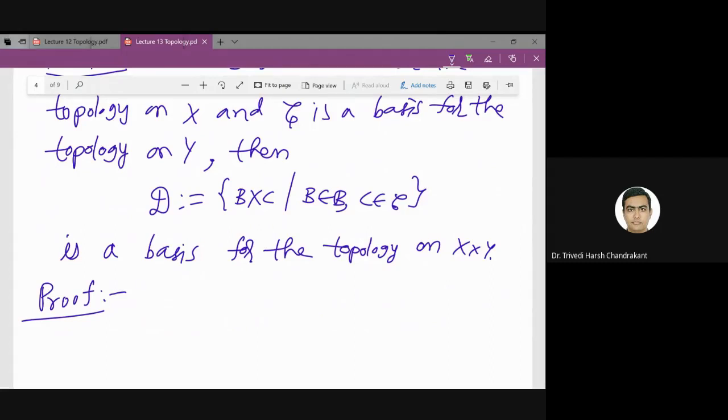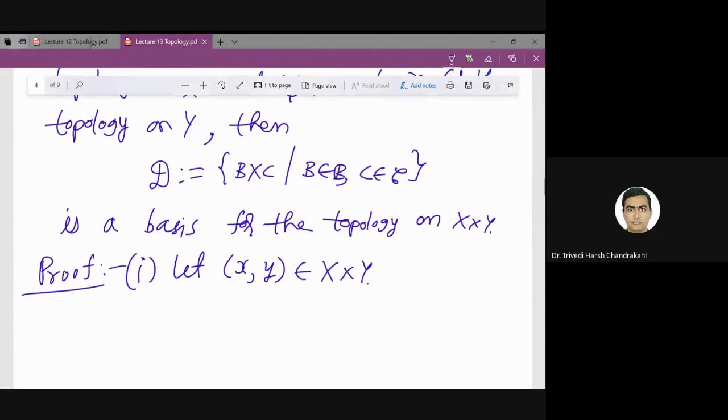So again, for the first property, because again we will be showing it is a basis, you take any element (x, y) in x cross y.